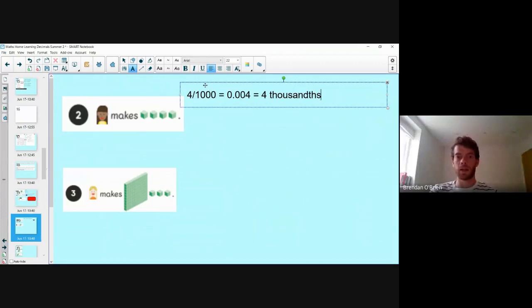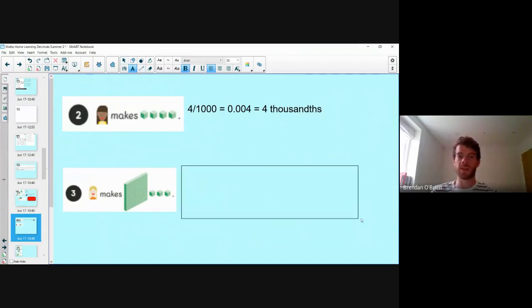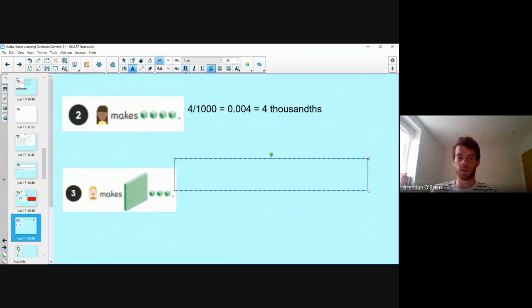Okay, let's look at number 3. In yesterday's lesson, we added these values. We did something that looks like this. We can see that's 1/10 plus 3 thousandths.